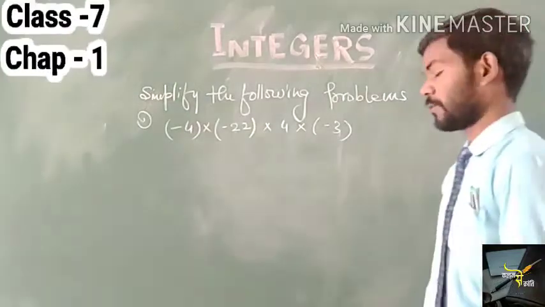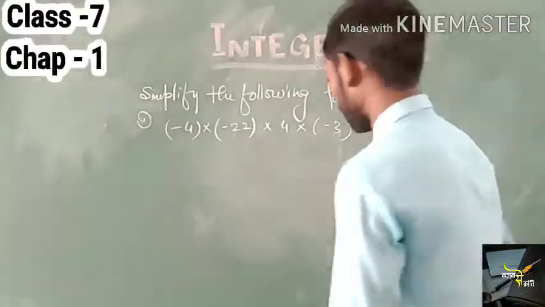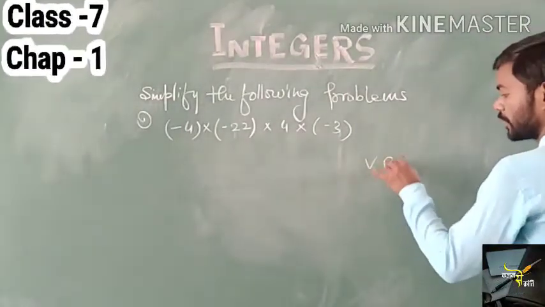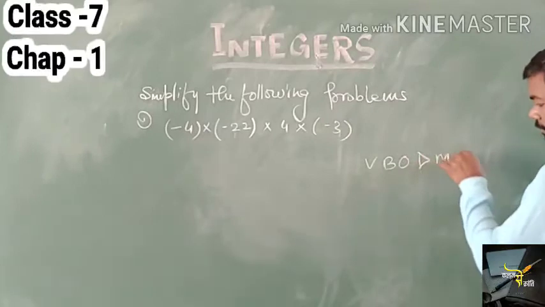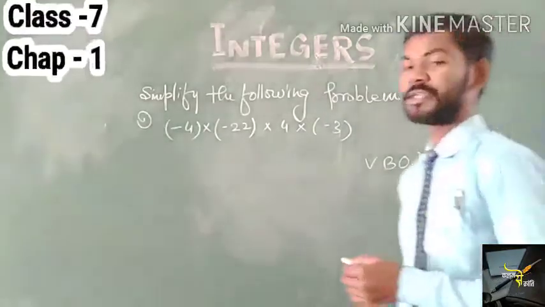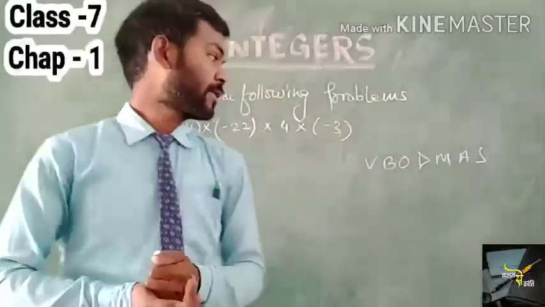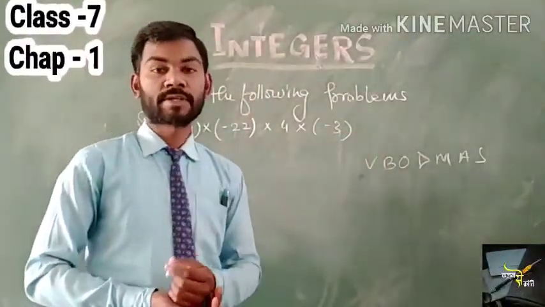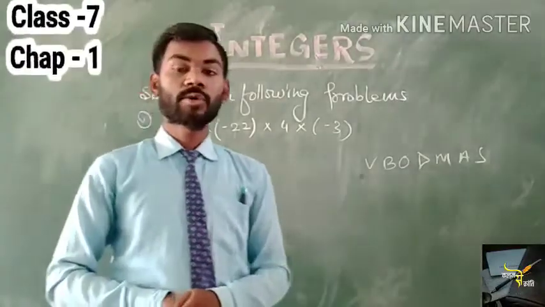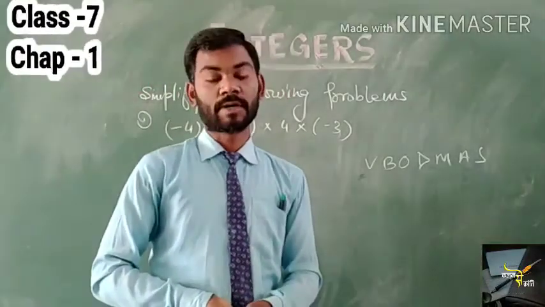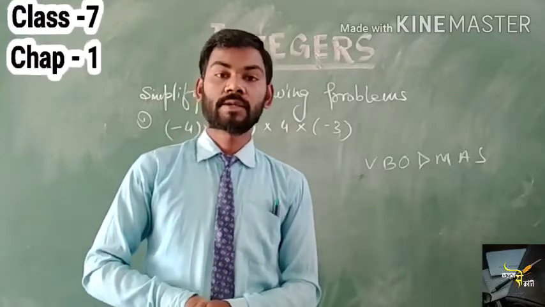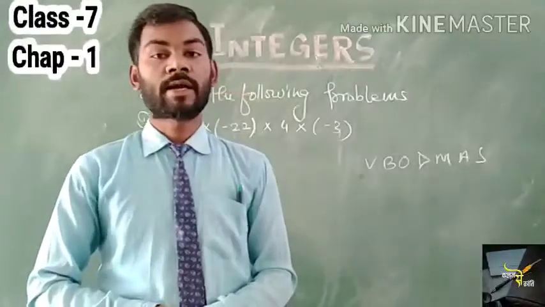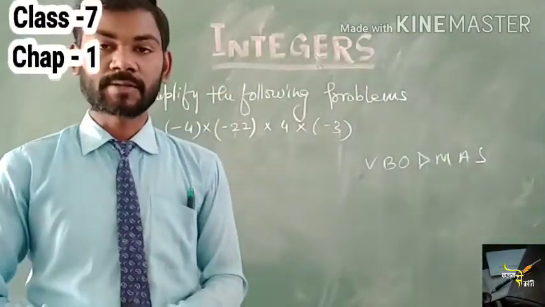Now let's see how we shall solve. As I told you, we shall use here VBODMAS, where V stands for Vinculum or bar, B stands for bracket, O stands for of, D stands for division, M stands for multiplication, A stands for addition, and S stands for subtraction.